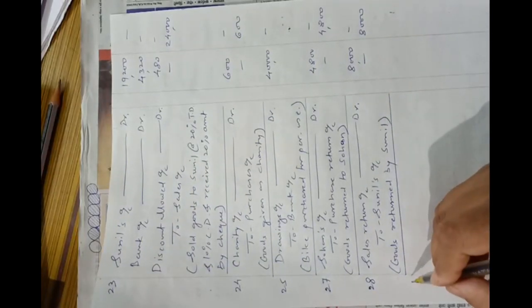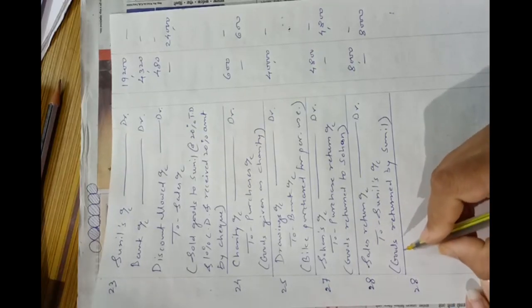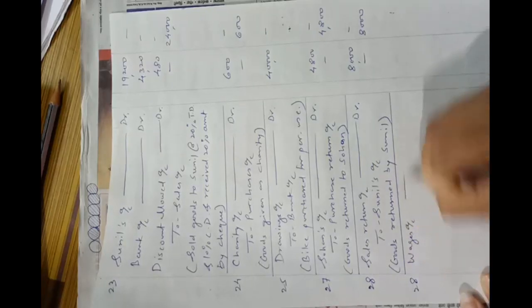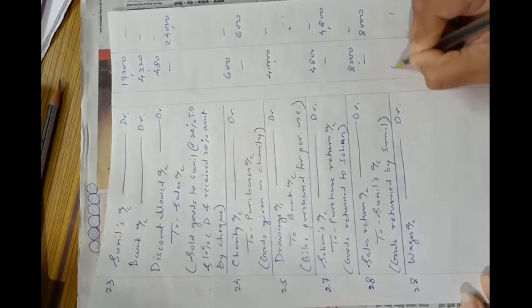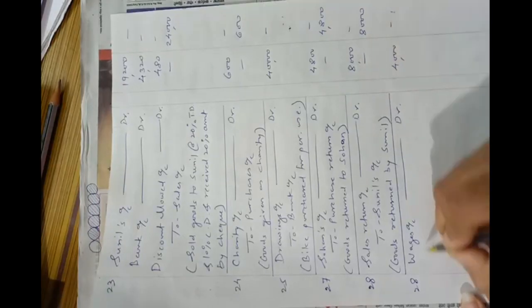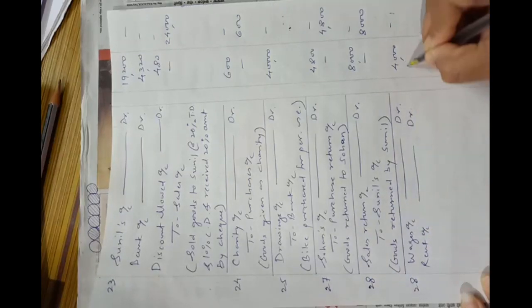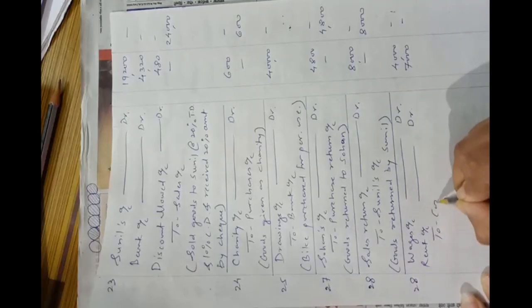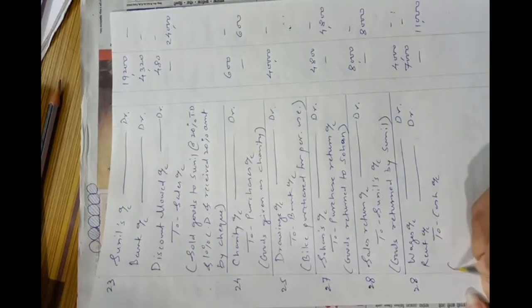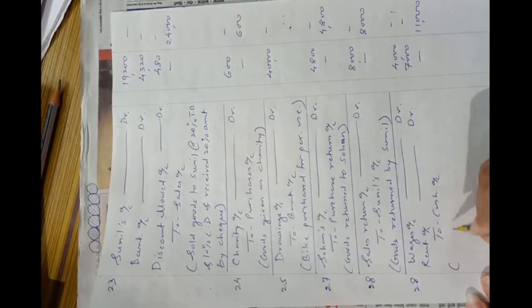Now the entry of 28th again, wages, rent and cash account. So wages account debit 4,000, rent account debit 7,000 to cash account, total 11,000. Wages and rent paid.